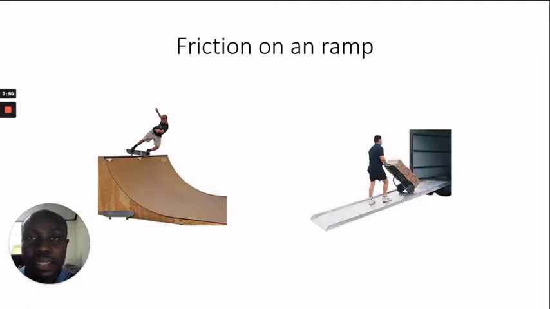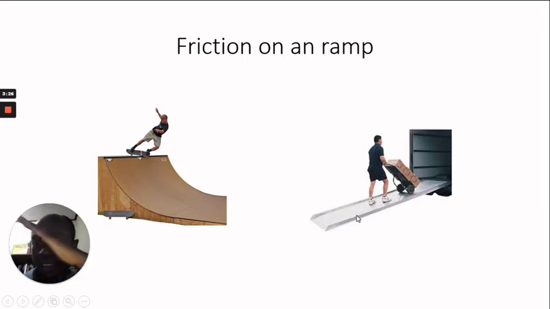But we know that in the real world, we push things not only on a flat surface, but on different surfaces, such as a skateboard, and also moving things onto a truck. So today we're going to look at friction on a ramp. We call this a ramp.